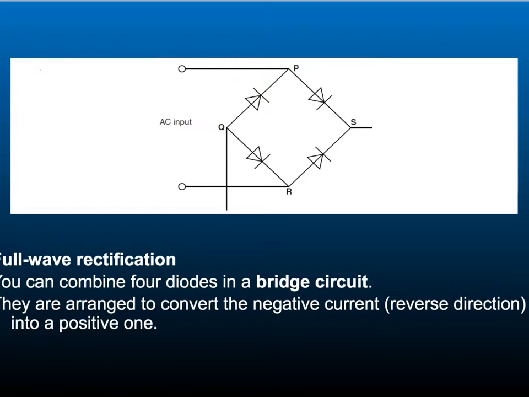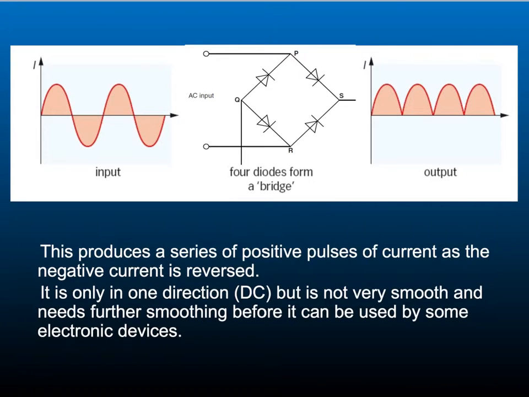In full wave rectification, you can combine 4 diodes in a bridge circuit. They are arranged to convert the negative current, or the reverse direction, into a positive one. This produces a series of positive pulses of current, as the negative current is reversed. It is only in one direction, so it's all DC, but it's not smooth, as we've got lots of peaks.